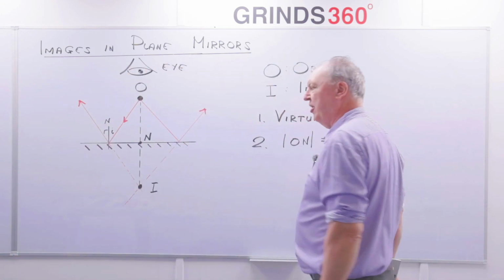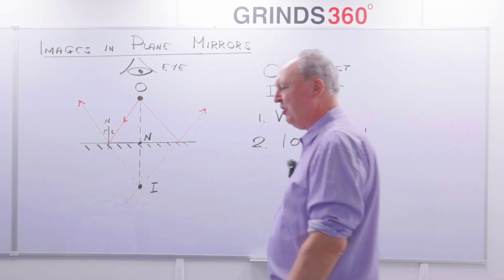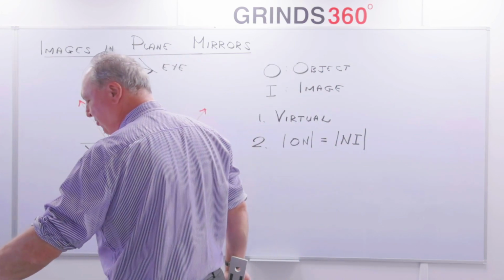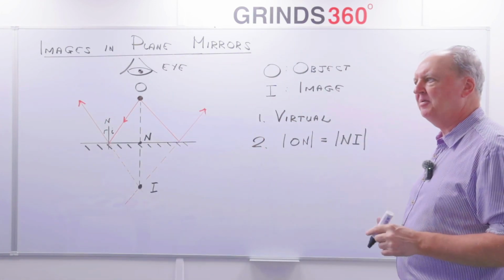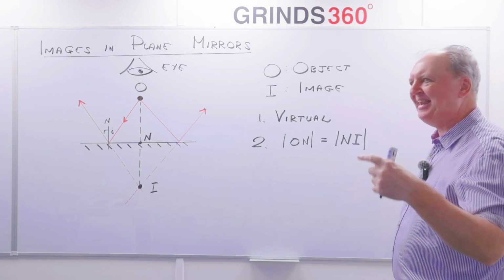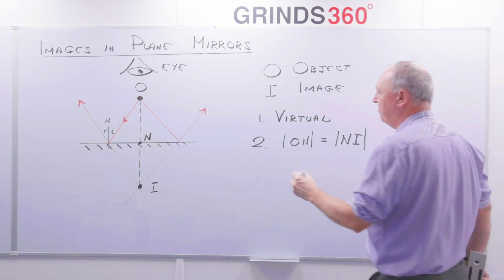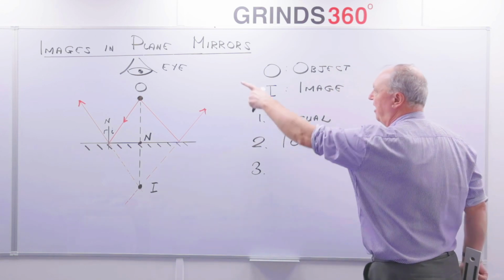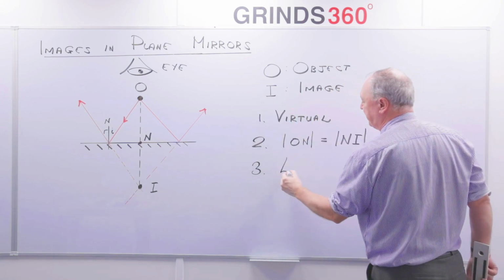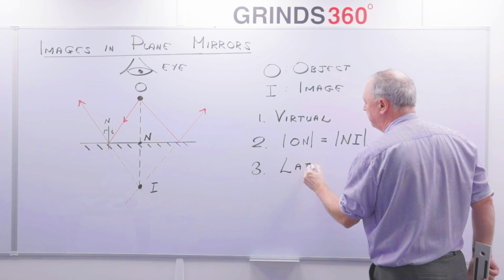There's one more property. You might have thought about it. You might know this already. When you try to read from a mirror, the writing gets laterally inverted. So my third property of an image in a plane mirror is lateral inversion.